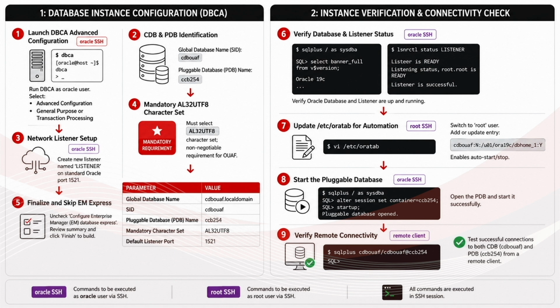If both connections are successful, your Oracle Database 19C environment is fully operational and ready for the next phase of the OUAF installation journey. Rather than explaining every command in detail, this session is also designed as a practical visual walkthrough. You can simply follow the steps on screen and proceed at your own pace.